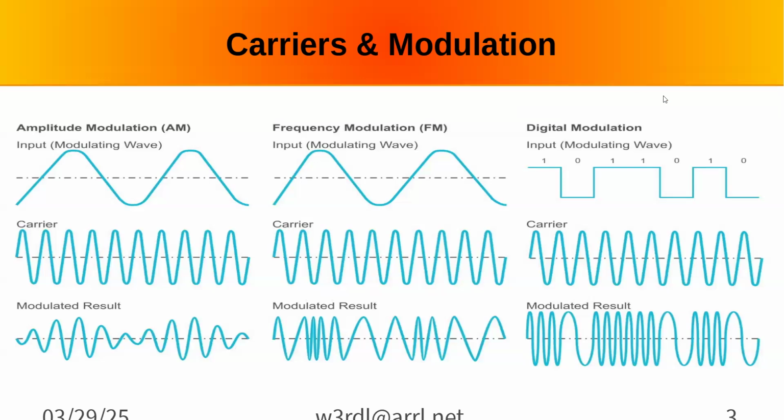Sort of like the acceleration effect of it. And for digital, where we've got a 0 or 1 modulating, we're either going to change the frequency or we're going to change the phase, depending on whether we're doing frequency shift or phase shift keying.